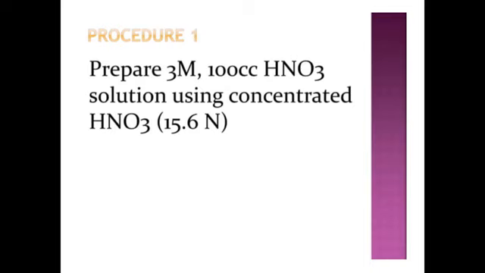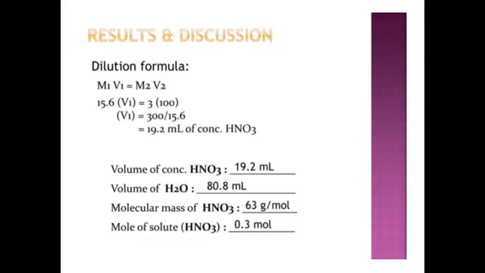The first one says prepare 3 molar 100 centimeter cube HNO3 solution using concentrated HNO3, and then you are given the normality to be 15.6. It is 15.6 normal. Please take note of that. Now, for you to be able to prepare this very well, you need to know how to use the dilution formula.